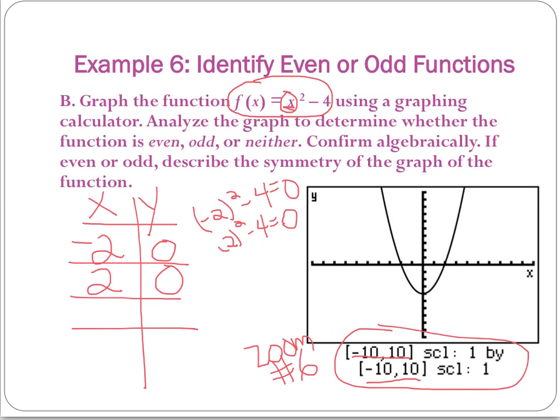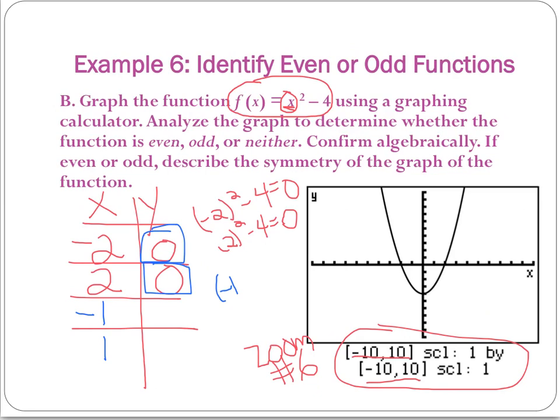So it's really difficult to determine whether a function is even or odd when your y values, or your outputs, are 0, because it's hard to tell whether those zeros are opposites or equal, because 0 is neither positive nor negative. So I'm going to test another pair of opposite x values, which are negative 1 and positive 1.